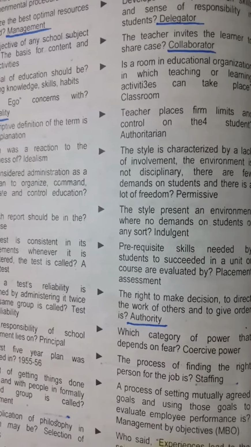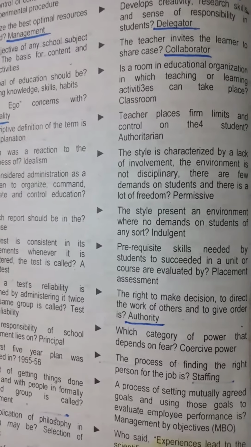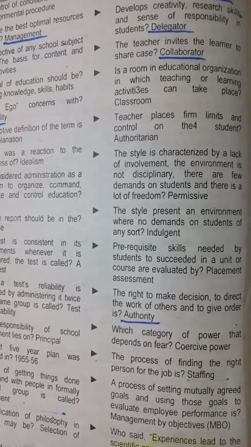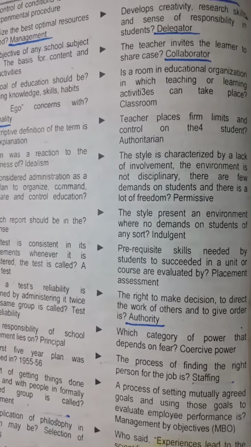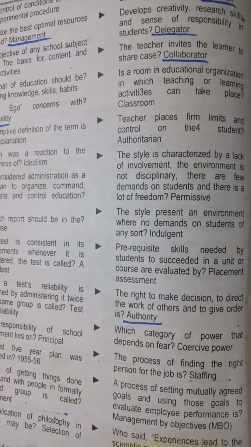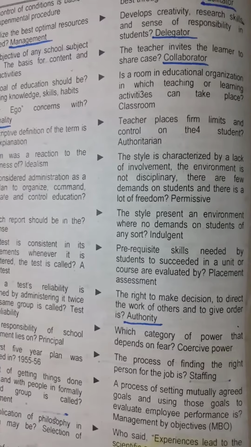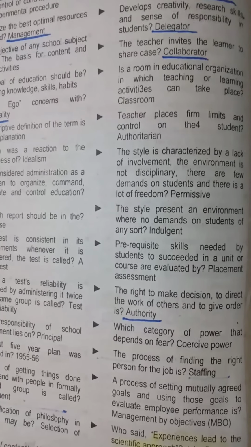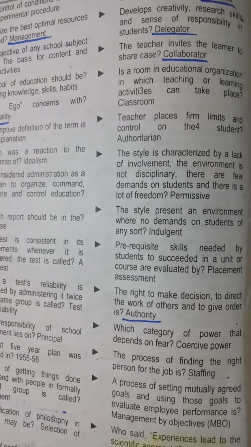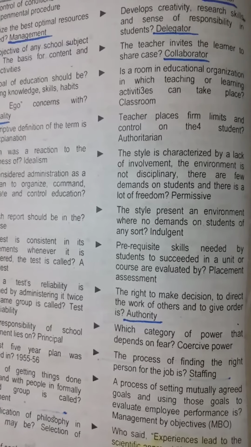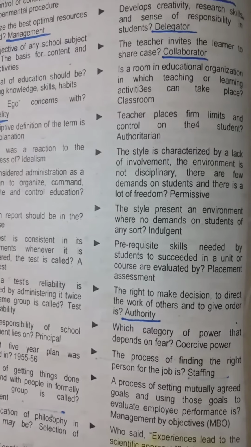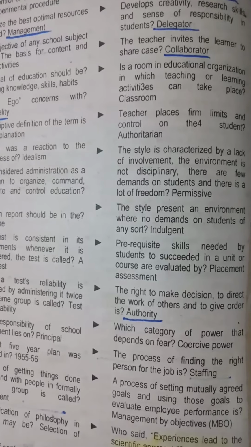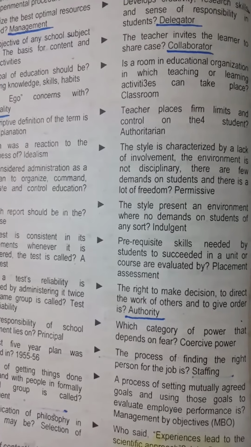Classroom teacher places firm limits and control on the student. Authoritarian. The style is characterized by a lack of involvement and the environment is not disciplinary. There are few demands on students and there is a lot of freedom.